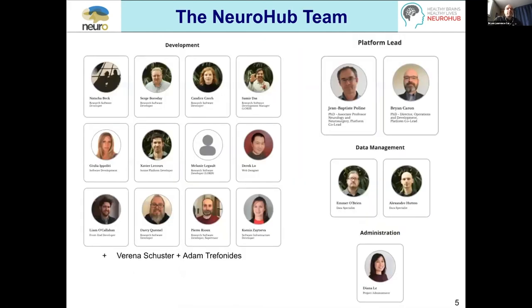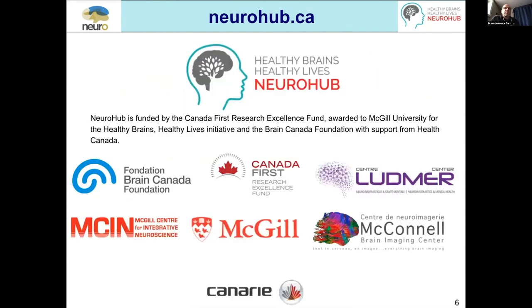So just a quick shout out to the team. This is a representation of just the people who have worked very hard to bring this to fruition for the last decade, for at least the CBRAIN and the LORIS side, and continuing forward for NeuroHub. This is part of an overall initiative called Healthy Brains and Healthy Lives, which is an $85 million project funded by the Canadian government, managed out of McGill, and a core component and core infrastructure of that is NeuroHub.